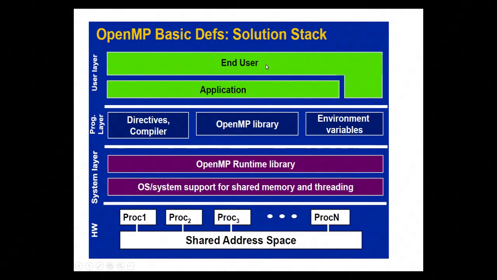For you, you just need to understand your problem, which part needs to be done in parallel, and then use the right directives or the right OpenMP functionalities, and hopefully it will do a good job for you.